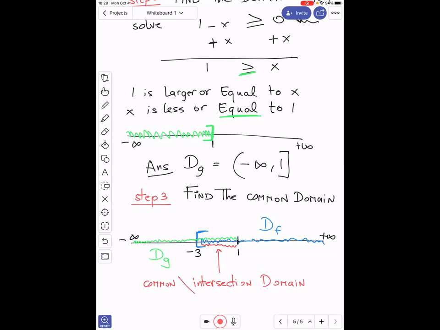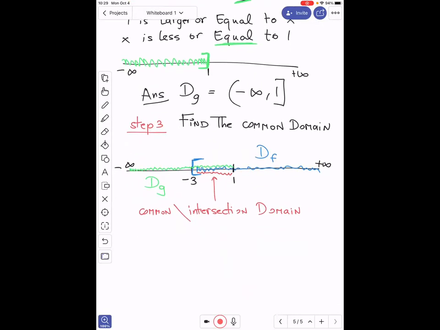Right, so to answer, this is step number 3. So I now know the domain of F plus G, F minus G, F times G. The domain of F plus G, F minus G, F times G is the common domain.